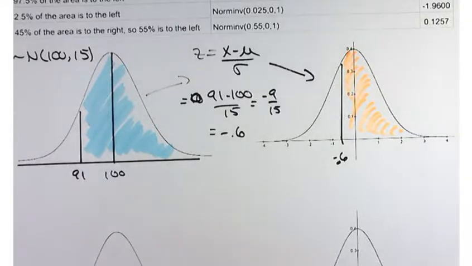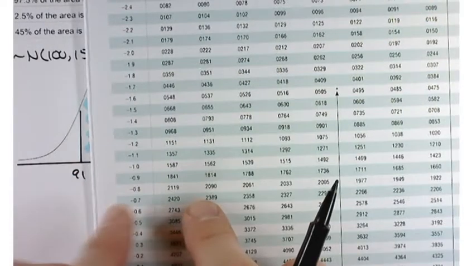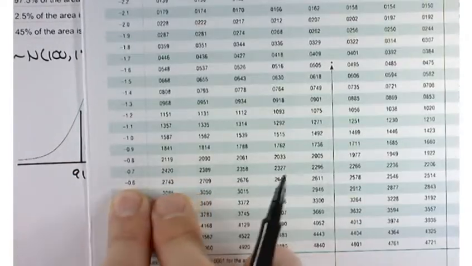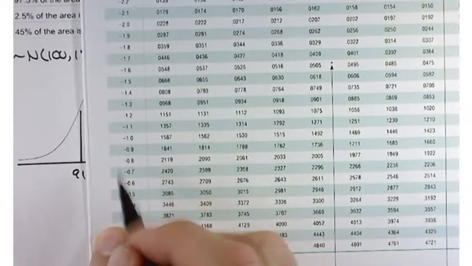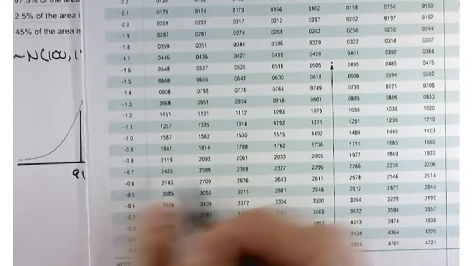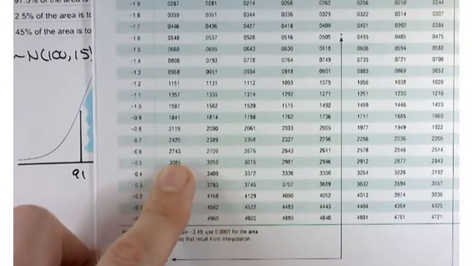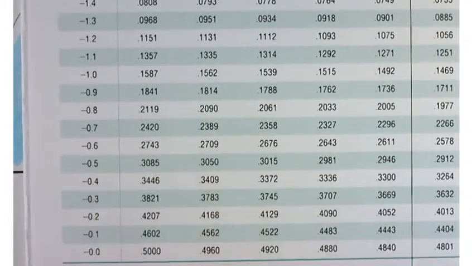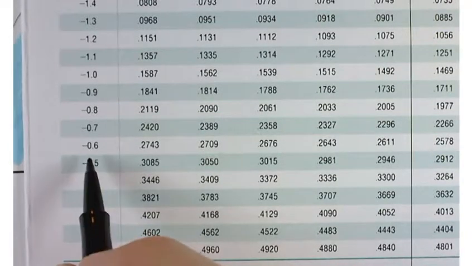So we can go to the negative z-table. Negative 0.6, it's negative 0.60. I'm getting 0.2743 as the area to the left of that point on your standard normal curve.